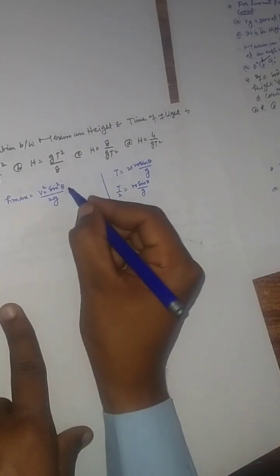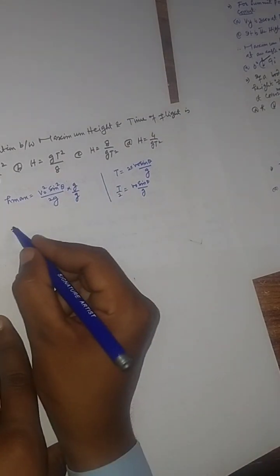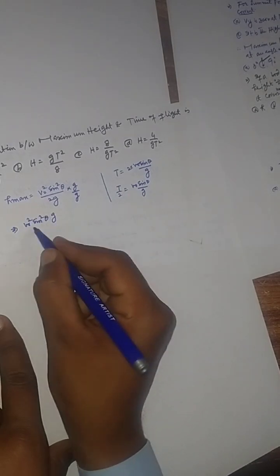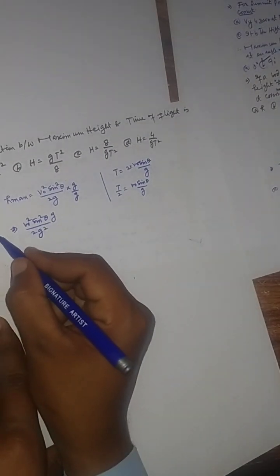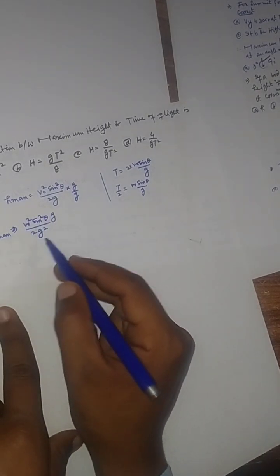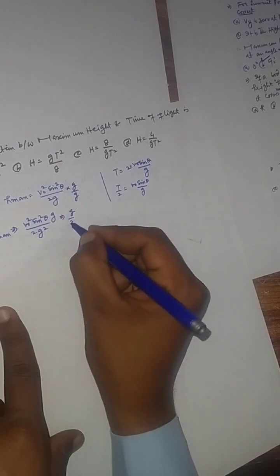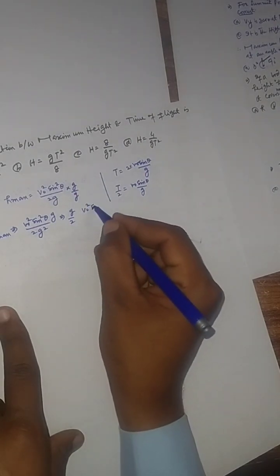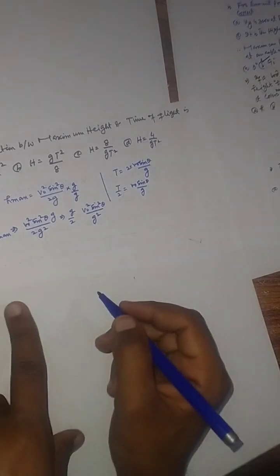If we multiply and divide by g, we get v naught squared sine squared theta into g over 2g squared. This is the maximum height, v naught squared sine squared theta over 2g. We can write this as g over 2 times v naught squared sine squared theta over g squared.